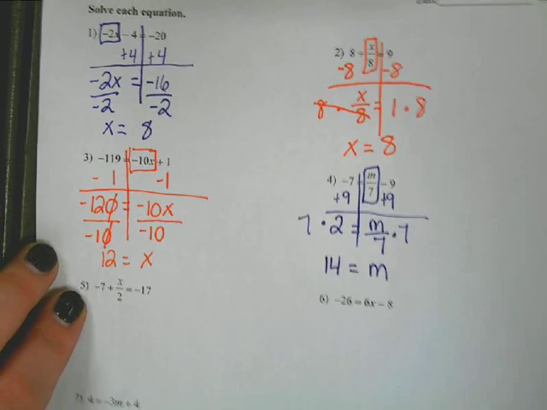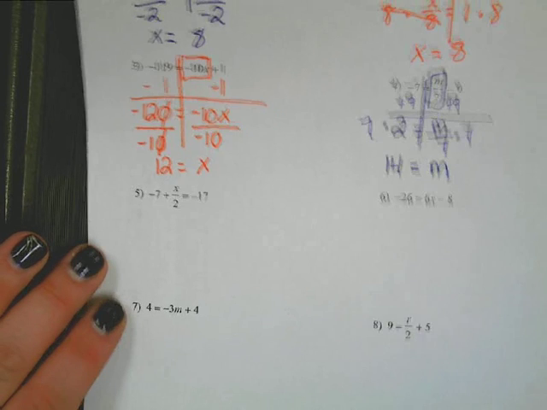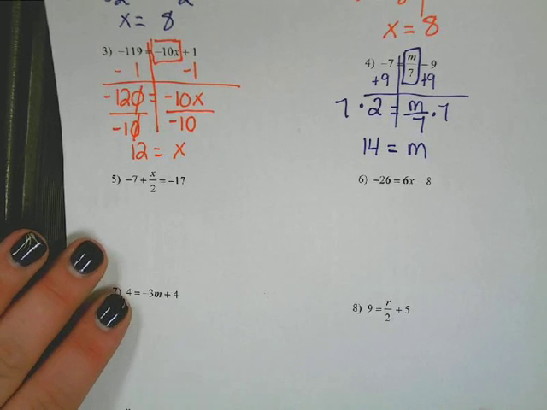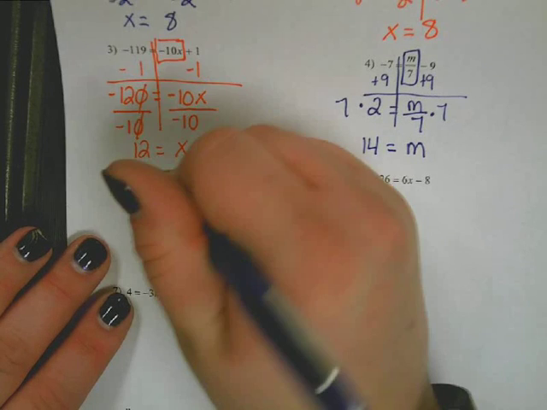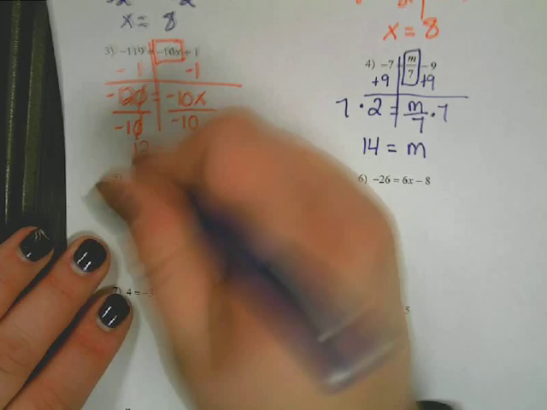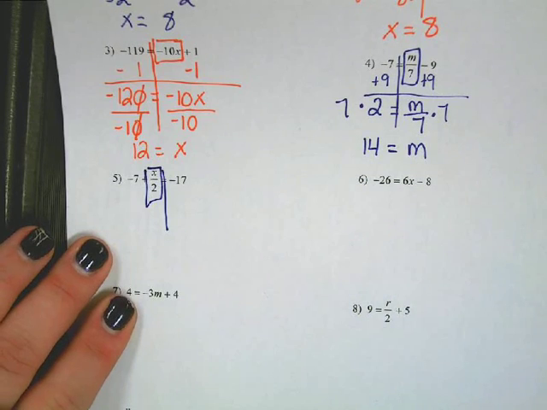Do number 5. Draw your line. What am I boxing? X divided by 2. Now what? Add 7 on both sides.